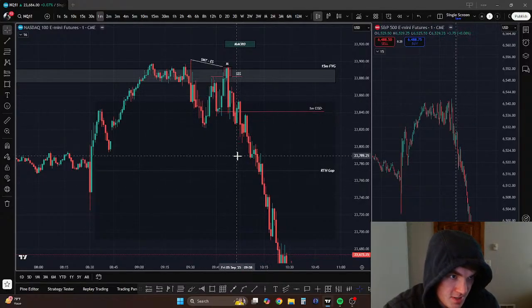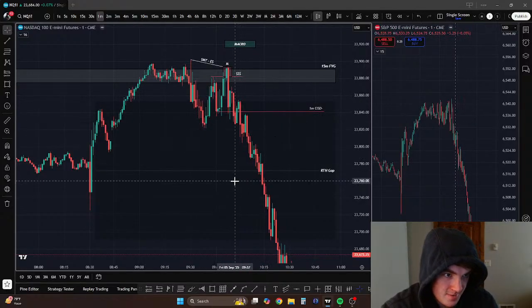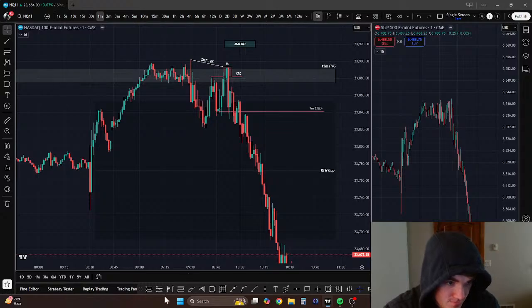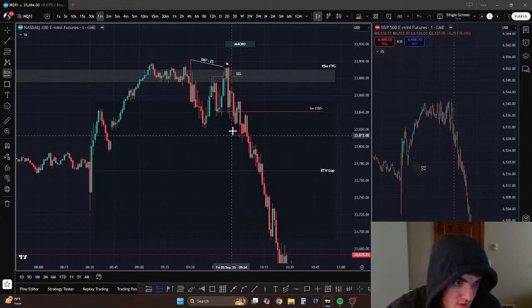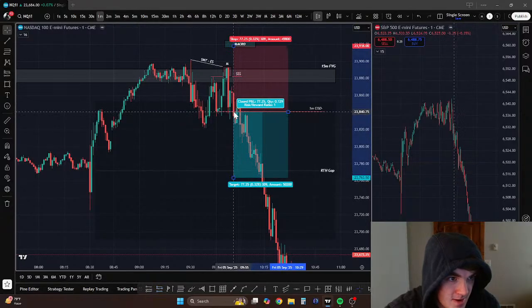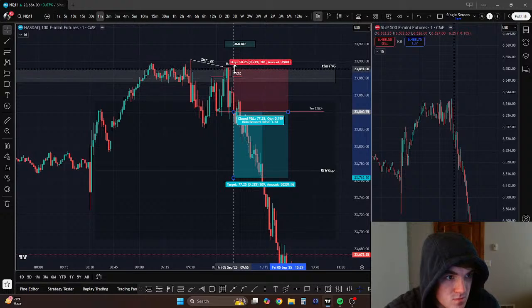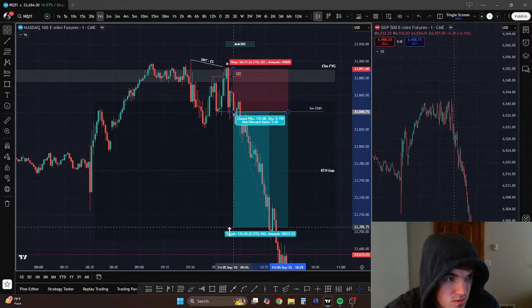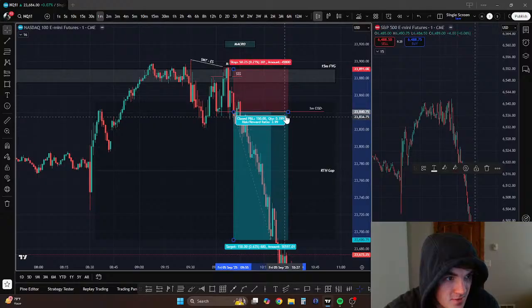And yeah, 1 minute change in state. We get that right here. We retest it right here. And then targeting RTH fill is a 3-to-1.